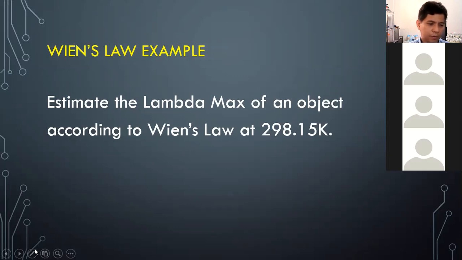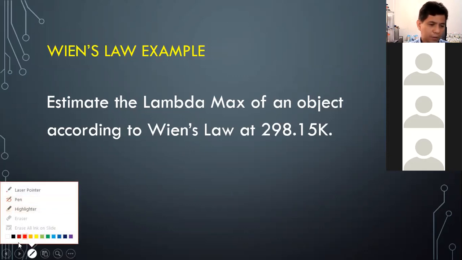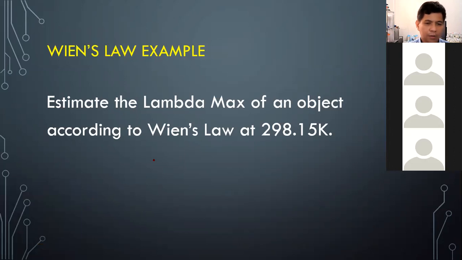So lambda max is equal to 2,890, this is the constant C, divided by 298.15. So lambda max is approximately equal to 9.69 micrometer.